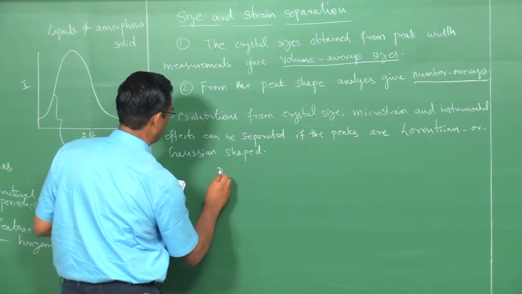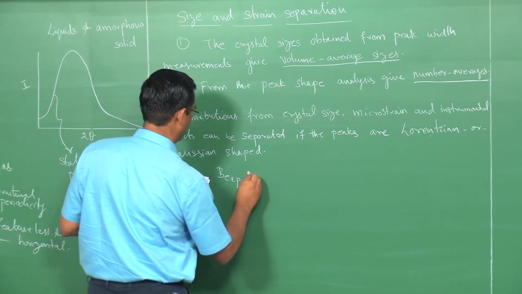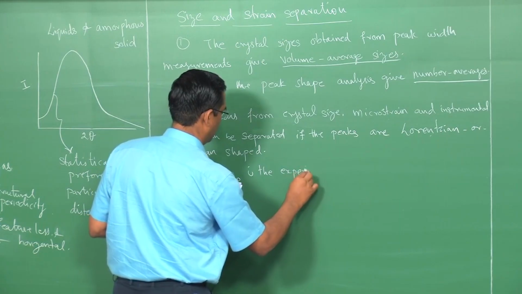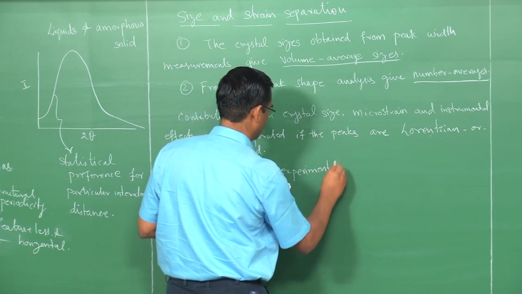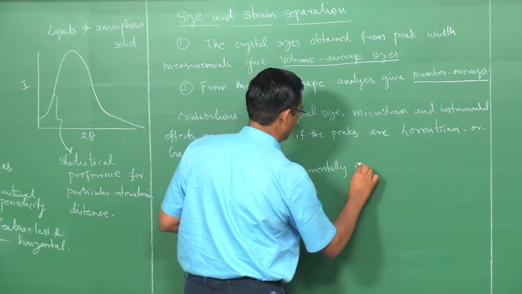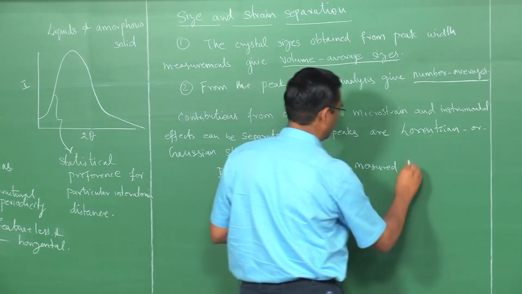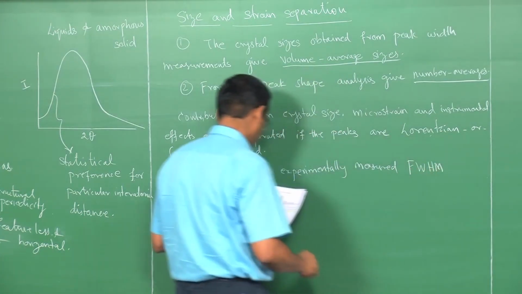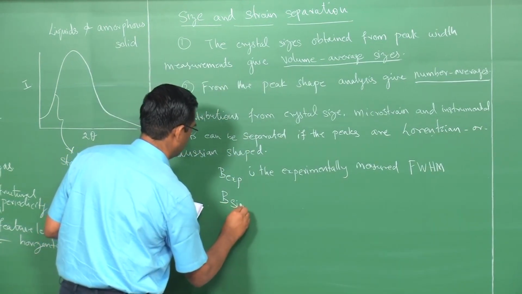Suppose B experiment is the experimentally measured full width half maximum, B size, and so on.